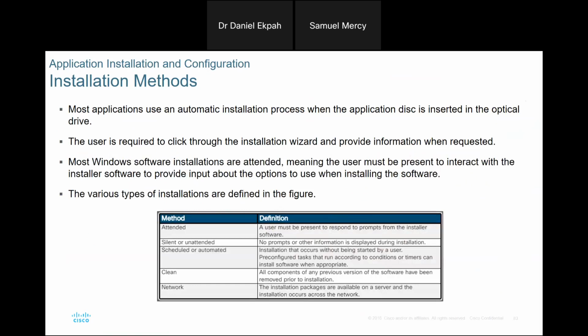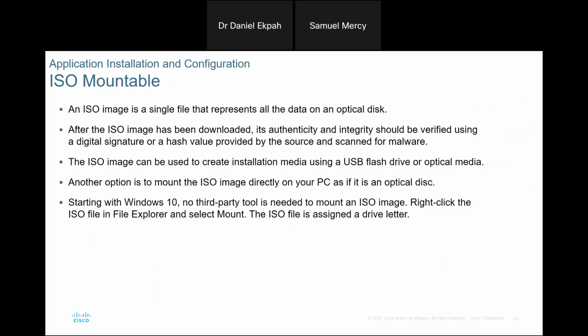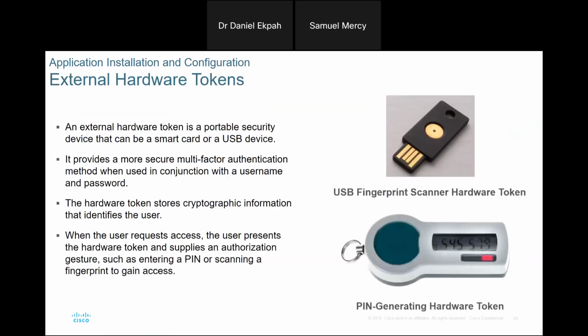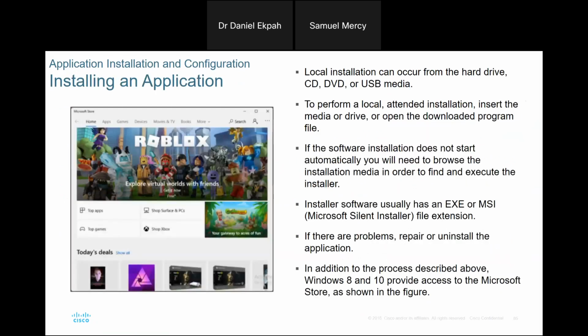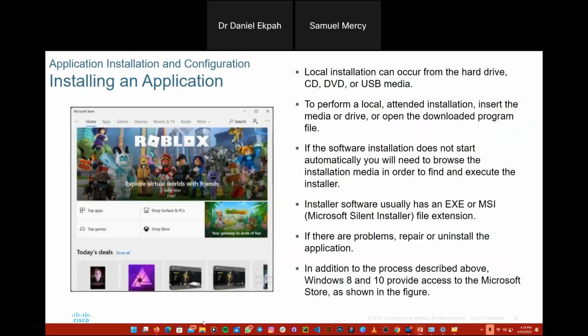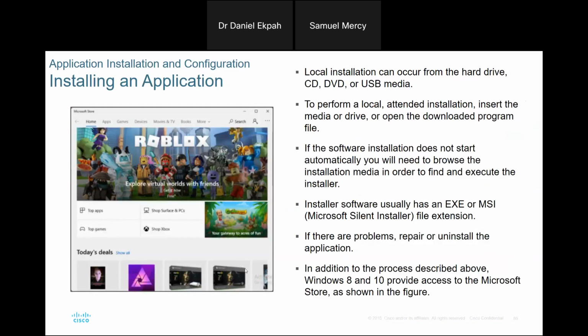If you want to install an application, for example, I'm going to show you how to install an application now. I'll explain ISO mountable and running this also. For example, I have an application here in my downloads.